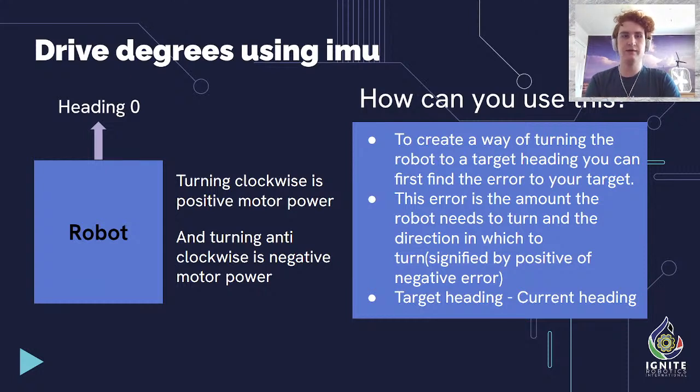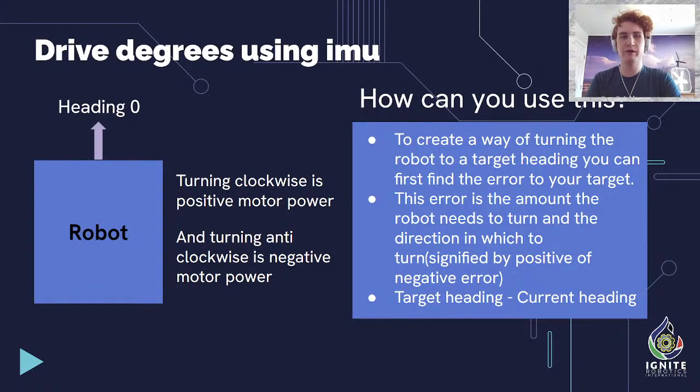Then we can do double error is equal to the target, while the magnitude of our error is greater than like 10 degrees.